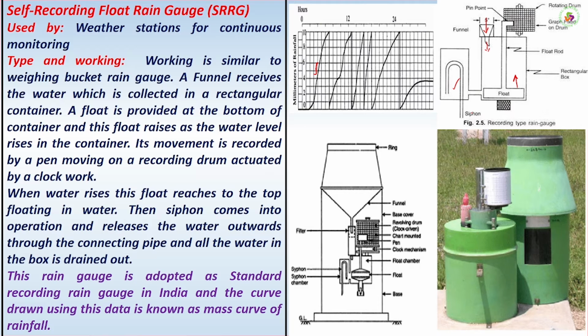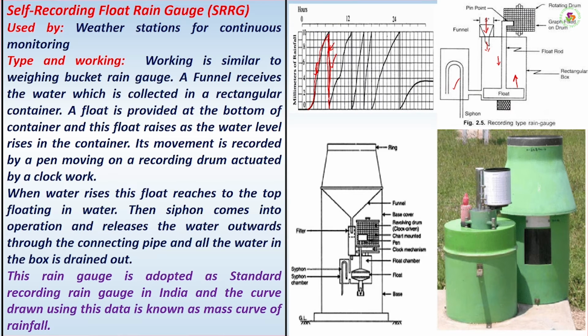Now what will happen? The moment the entire water is removed, the float automatically comes down and occupies this position. When it occupies this position, again the rainfall enters. When it is coming down, this is nothing but the float movement. If you see, this is how it comes down. This is how the float movement is recorded. When the siphonic action starts, this comes down.